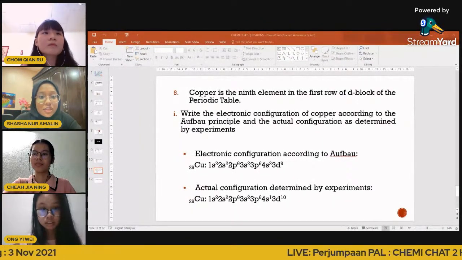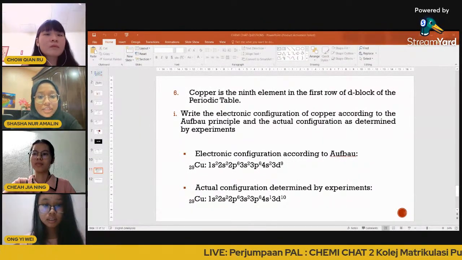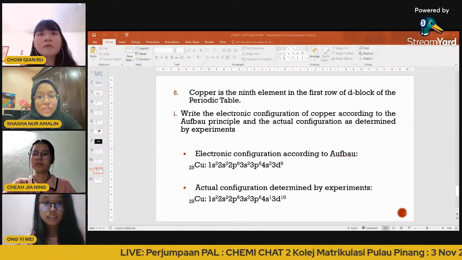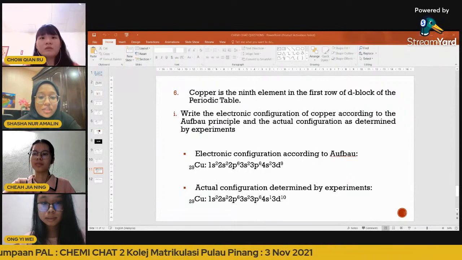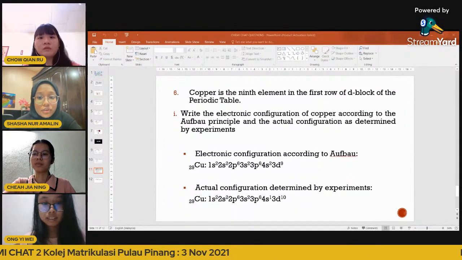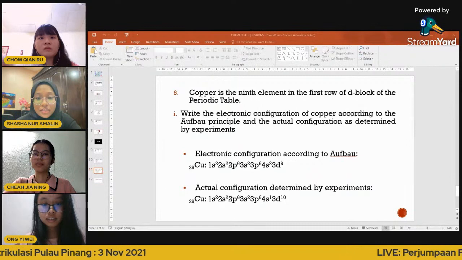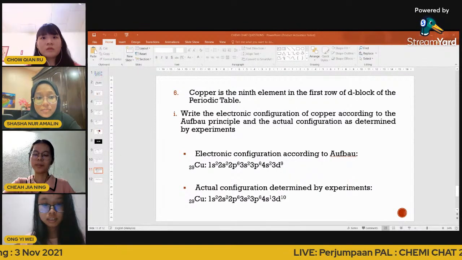So number 6, copper is the 9th element in the first row of the d block of the periodic table. 6.1, write the electronic configuration of copper according to the Aufbau principle and the actual configuration as determined by experiment.